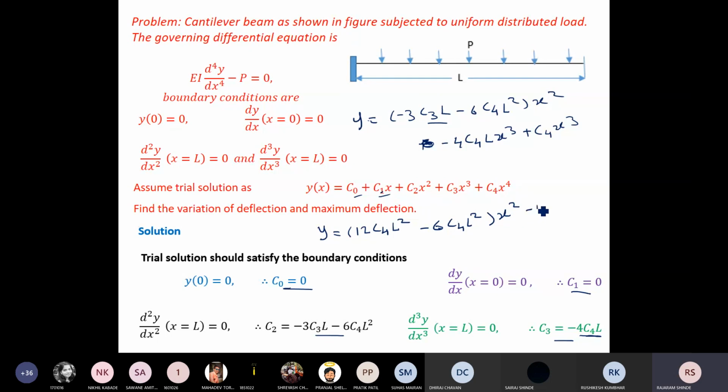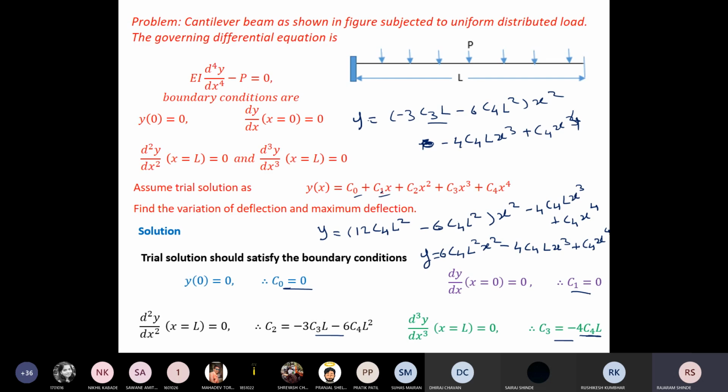Next term is minus 4c4L x cube plus c4x raised to 4. Now we can subtract this 6. It becomes 6c4L square x square minus 4c4L x cube plus c4x raised to 4. This is equal to y.